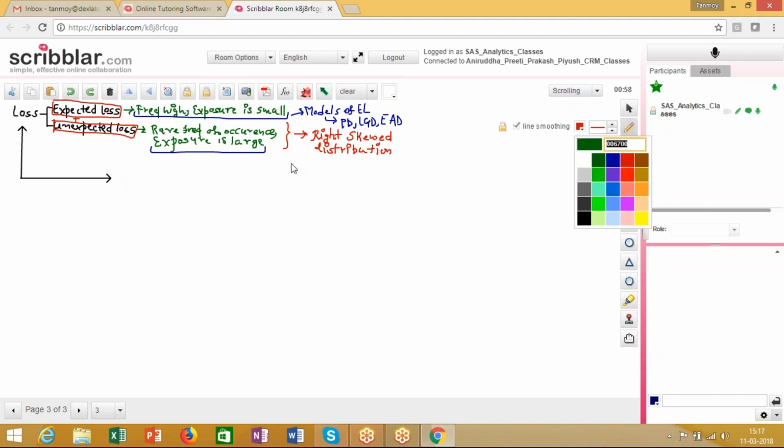What I have over here is the percentage losses, and this is where I have the relative frequency.